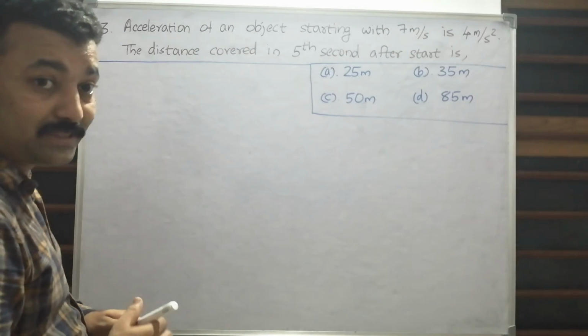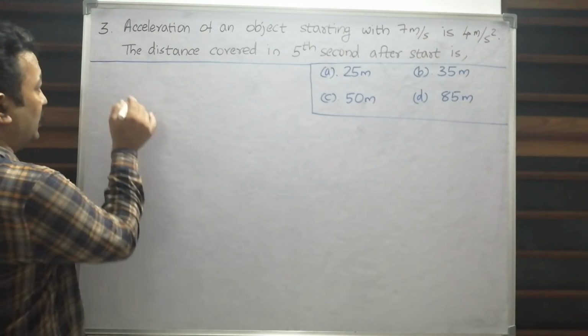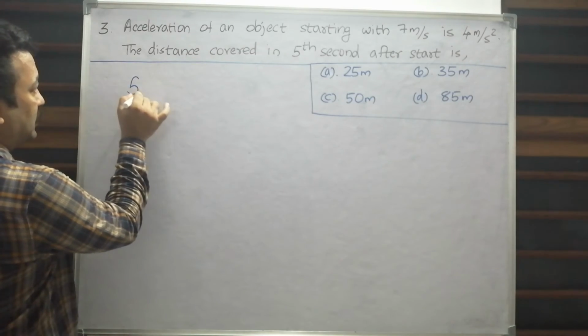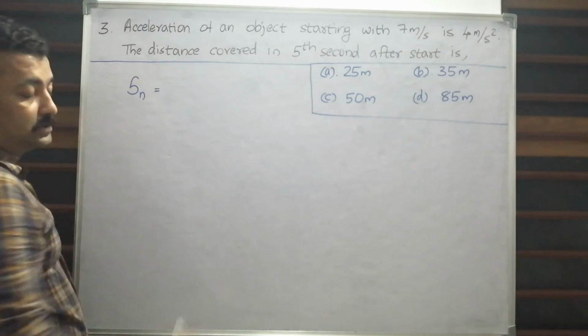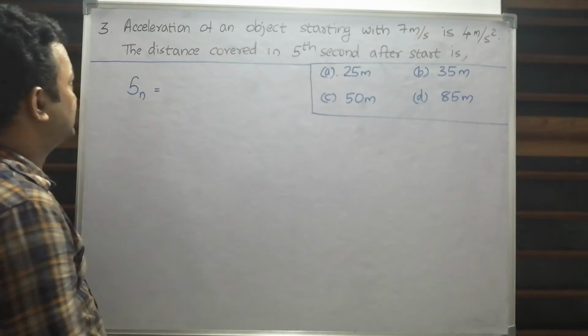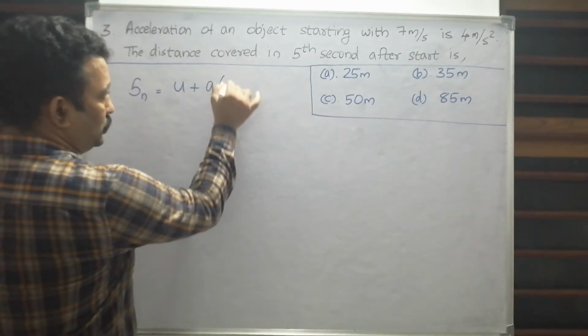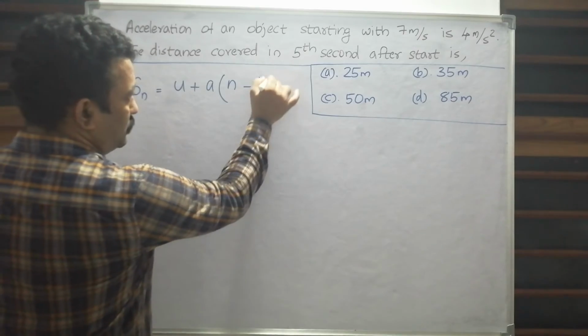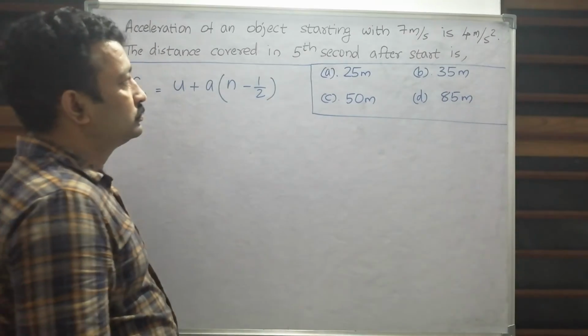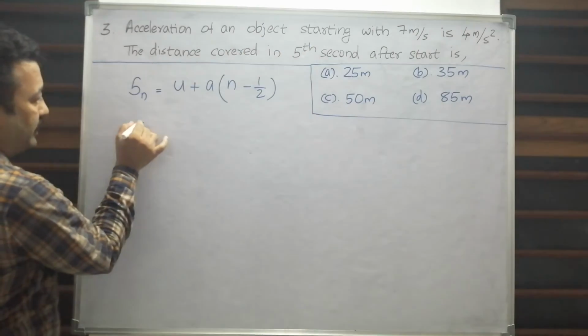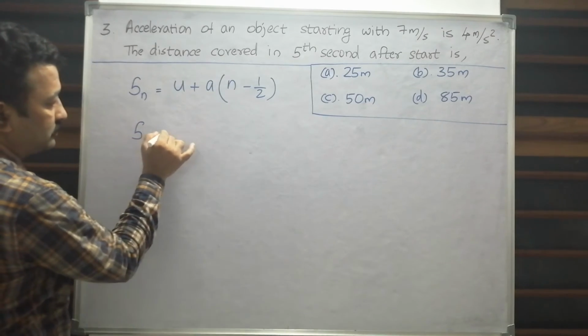We need to start with the formula of displacement on the nth second. Displacement on the nth second, we have this one as u plus a into n minus 1 by 2. Problem is to get displacement of the fifth second.